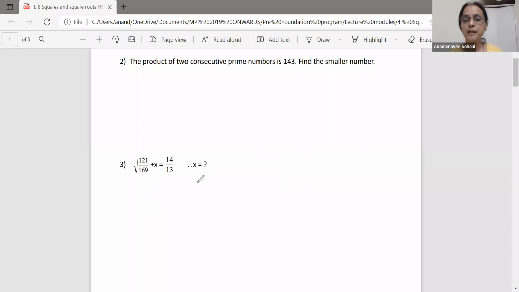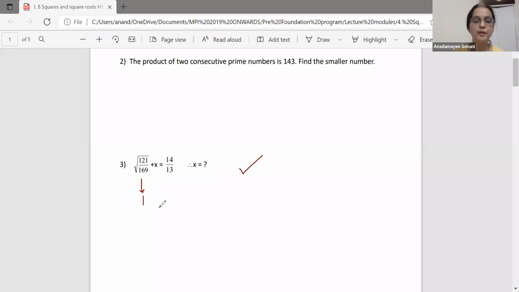So we have learned that in division, the square root of the rational number, the fraction, is the square root of the individual numbers. So I can definitely say that the square root of 121 upon 169 is 11 upon 13.